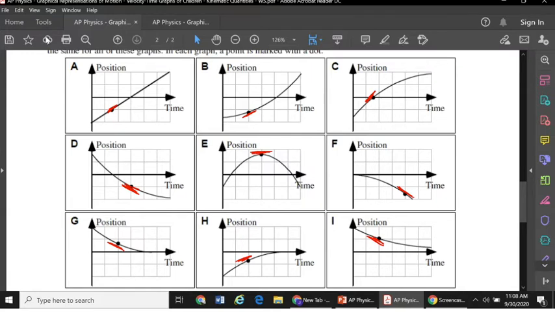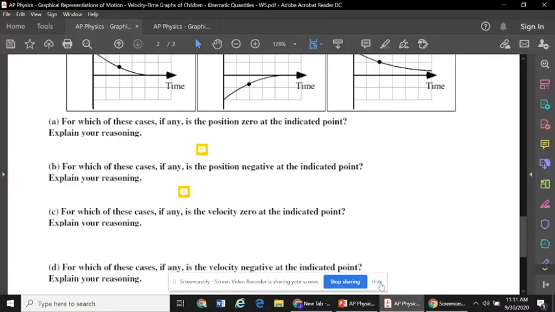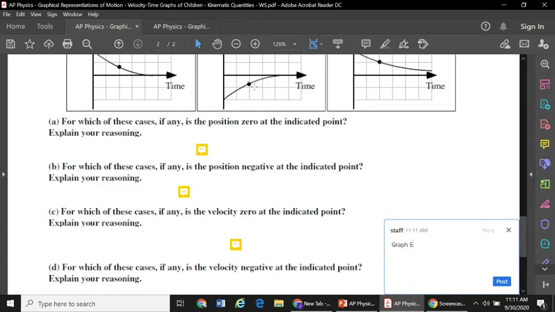And the only one that has a horizontal tangent line is graph E. Notice when it's a parabolic shape like this, whether it's an upside down parabola or a regular parabola, at the bottom of a regular parabola, or at the top of an upside down parabola, the tangent line will always have a 0 slope. So our answer is graph E.